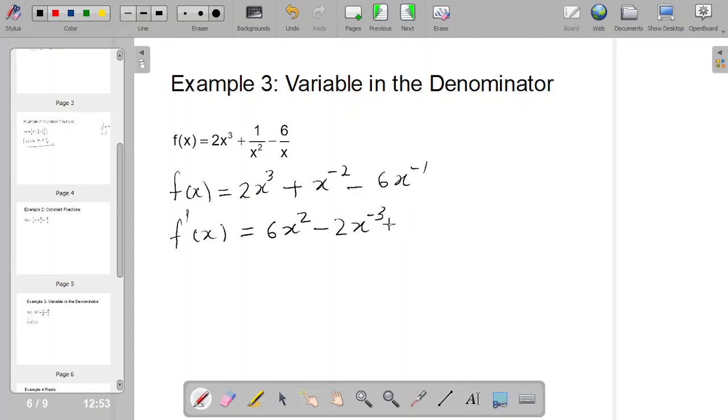Negative and negative, positive. 1 times 6 is 6, x to the power minus 2, because we have minus 1, which is minus 2.